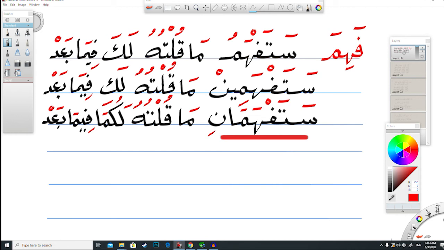You will understand. ما قلته, what I said, لكما, for you, for dual masculine and feminine. فيما بعد, later. What we added to the root here is that we added sa, which is for the future, and ta. At the end of the root, we added alif and nun.